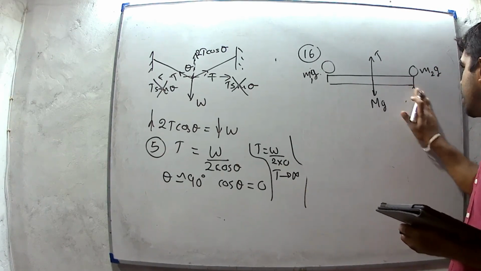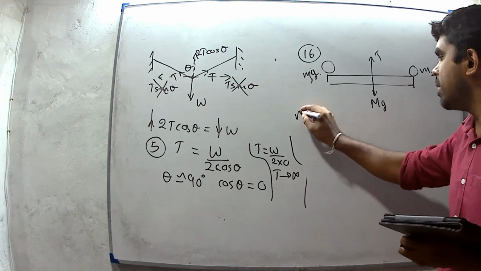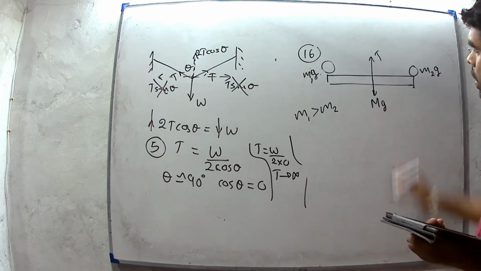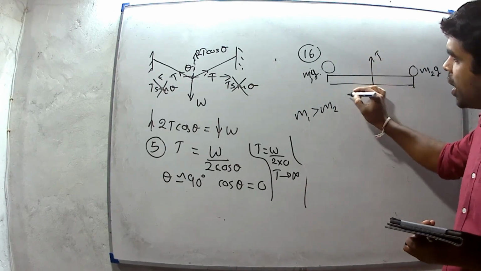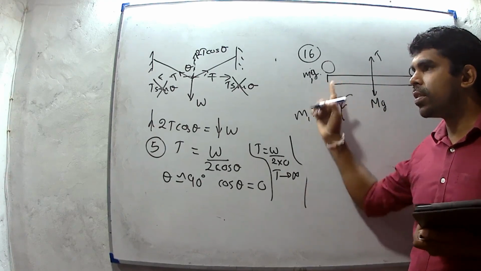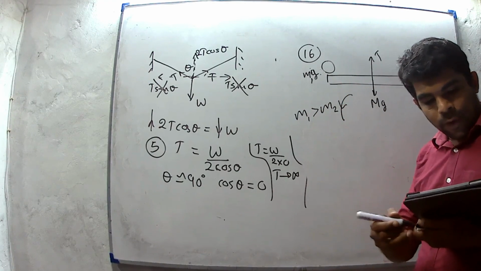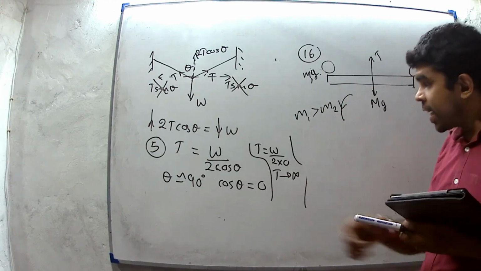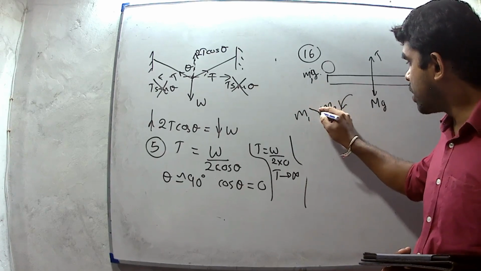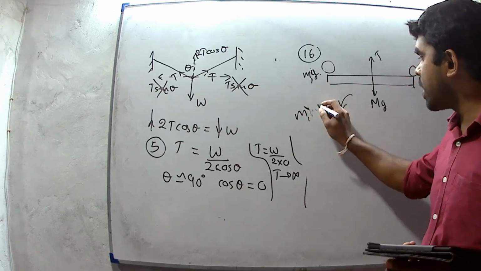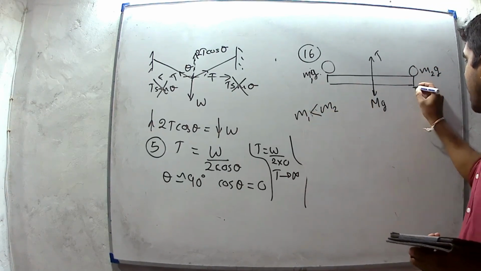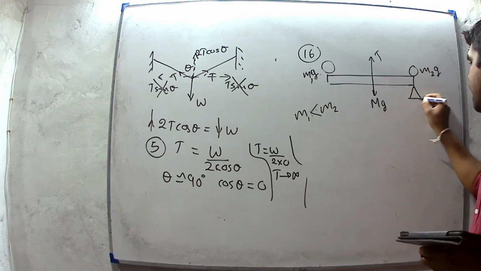We know that if M1 is greater than M2, there is a rotation in this direction. Therefore, the supportive wedge should be at this place. Therefore, I think that the direction of this inequality sign should be opposite, like this: M2 is greater than M1. Now we can consider the supportive edge is at this place.